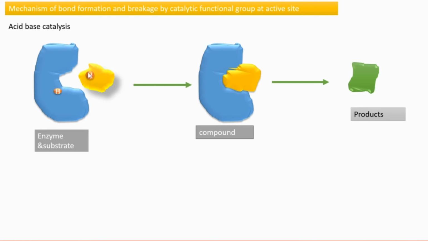Whatever it be, this acceptance and donation helps the formation of this compound that can be easily broken to form products. An example for this acid-base catalysis is the action of ribonuclease. Ribonuclease acts by the acid-base catalysis method to avoid the formation of intermediates in the reaction.